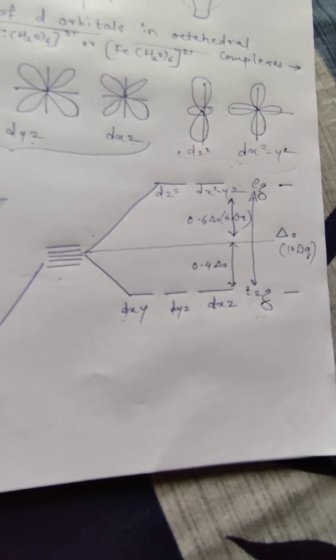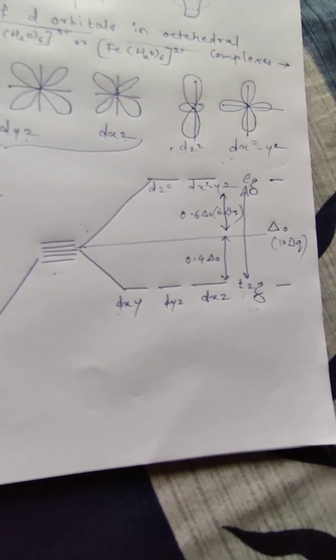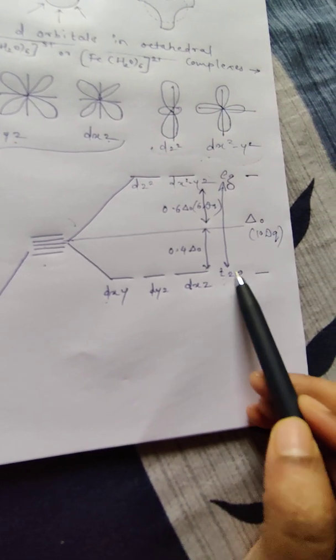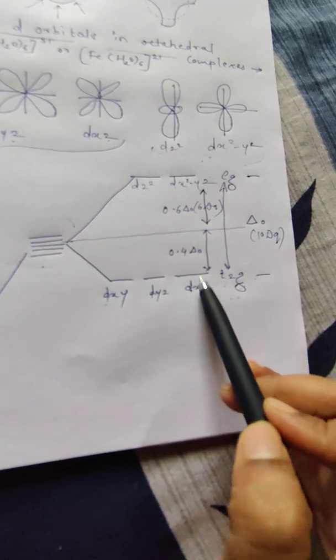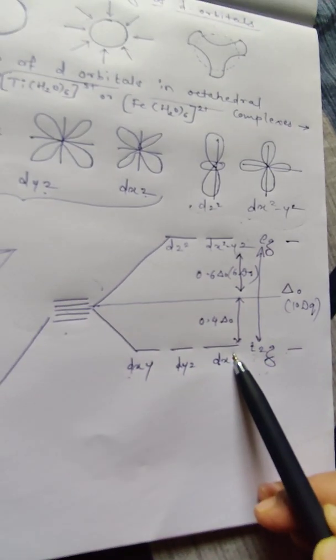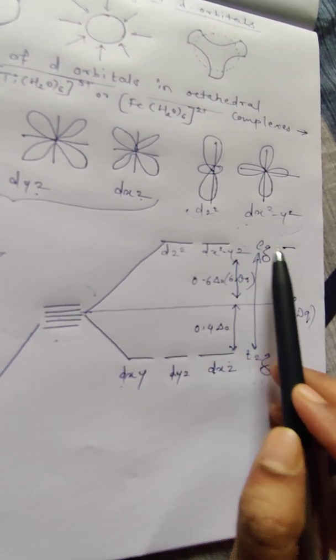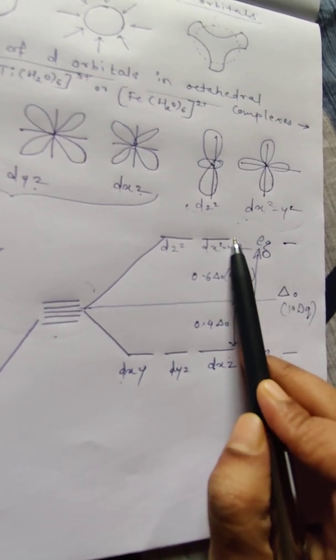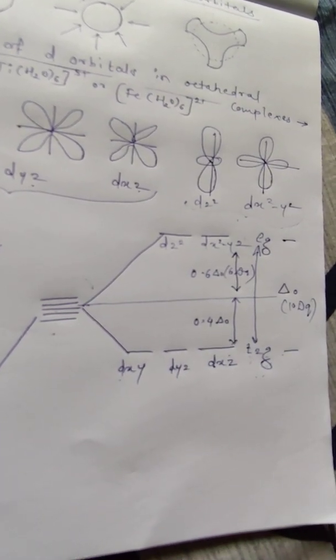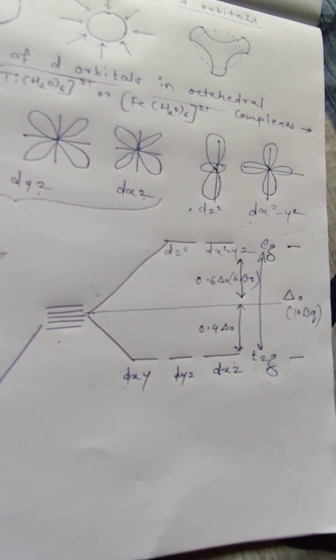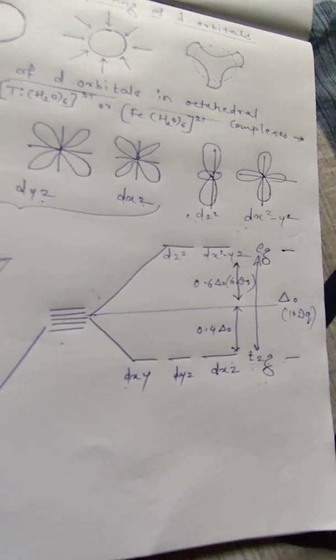We know that whenever energy drops, it gives more stability. So each electron going into the T2g orbital drops the energy, and the more electrons go to T2g, the more the energy drops. And any electron going to Eg increases the energy level and therefore destabilizes the complex. The more electrons go to Eg, the more destabilization there is for the complex.